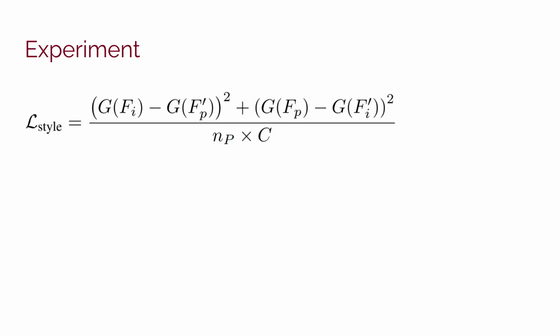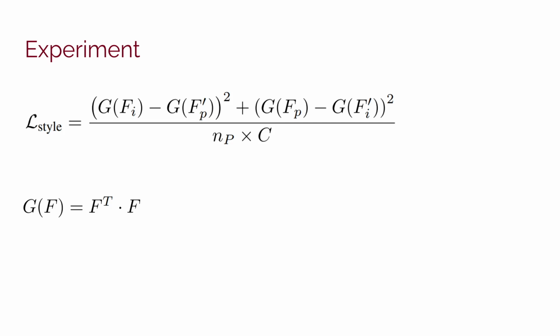So this is the style transfer loss. It was introduced by Gatys et al. back in 2015 for image art generation. It features something called a gram matrix. The gram matrix is given by this equation. Basically you take a feature vector and you multiply it by its own transpose.